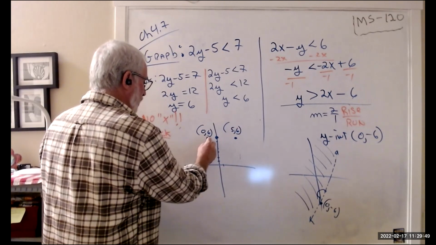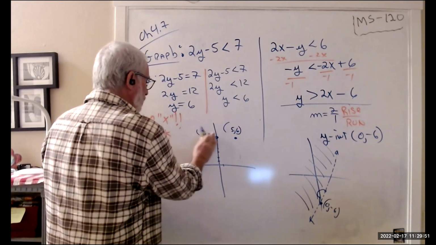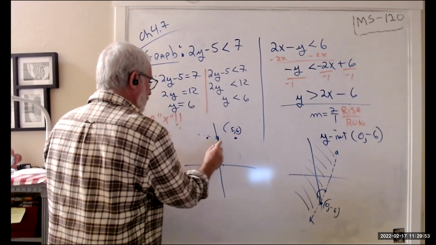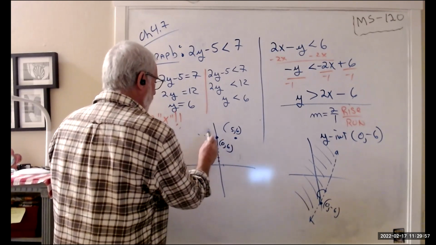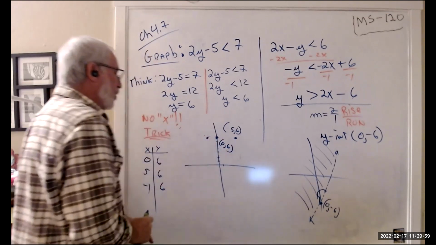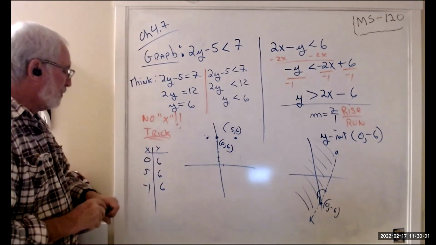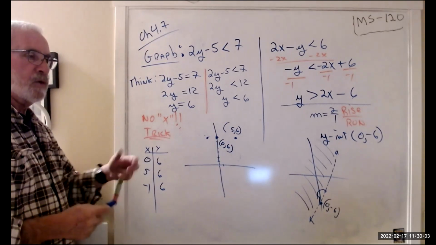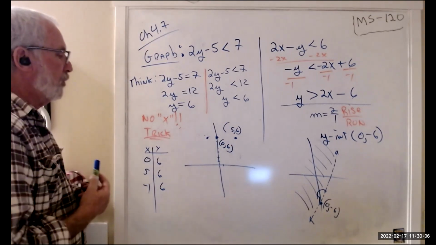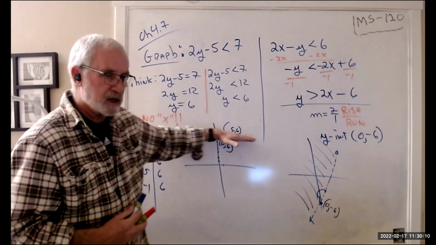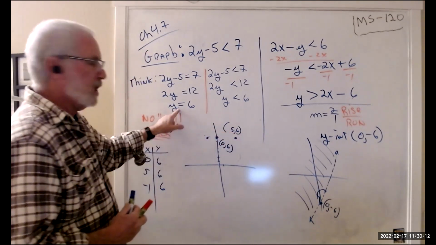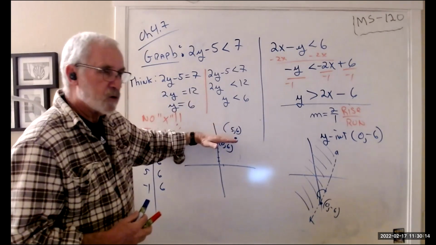Looks like right about there. I'll put that there. So based upon those 3 dots, this looks to me like a horizontal line. The line's going to go horizontally like that. Y equals 6 is a horizontal line.